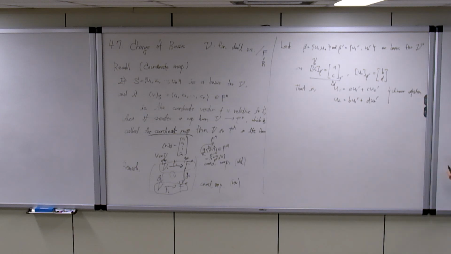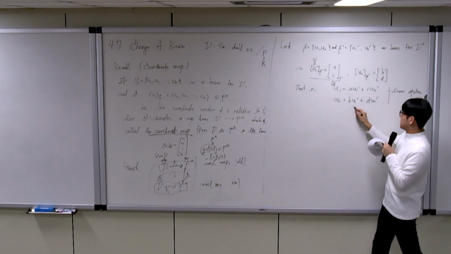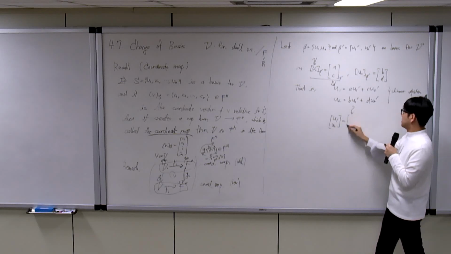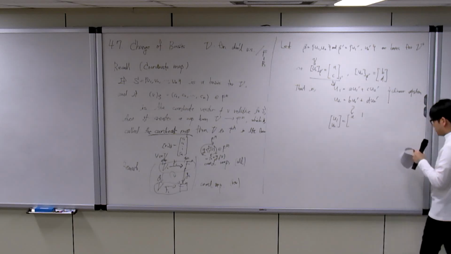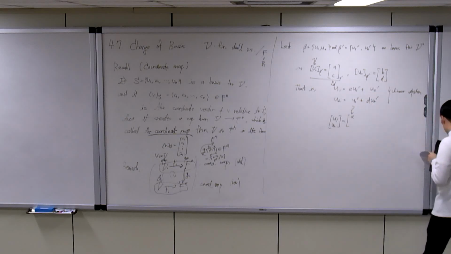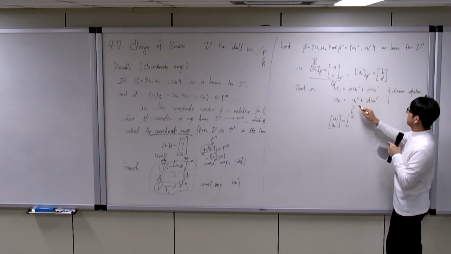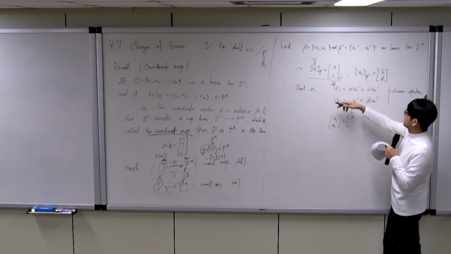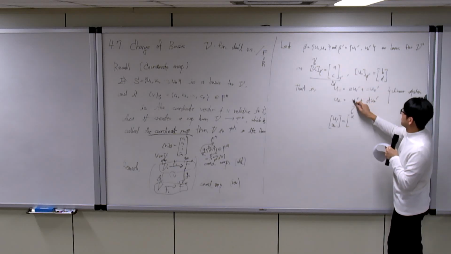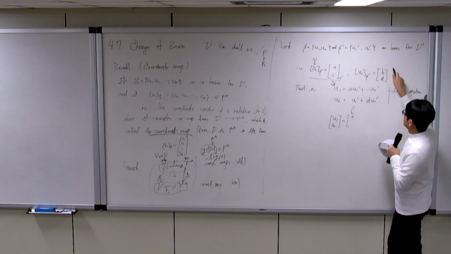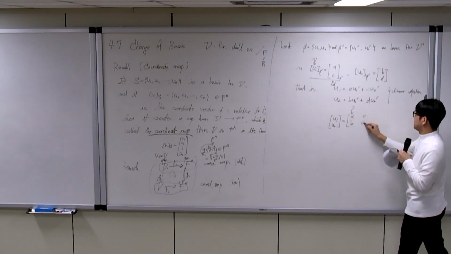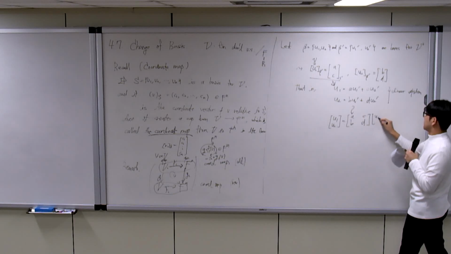This linear system will give an augmented matrix. I miswrote. Oh wait, u1 is a u1 prime plus c u2 prime. u2 is b u1 prime plus d u2 prime. Then b, c, d, u1 prime, u2 prime.